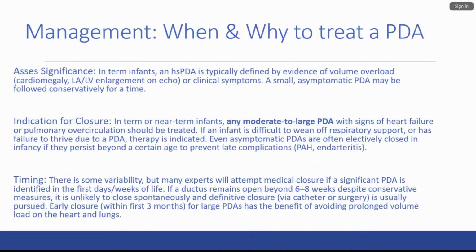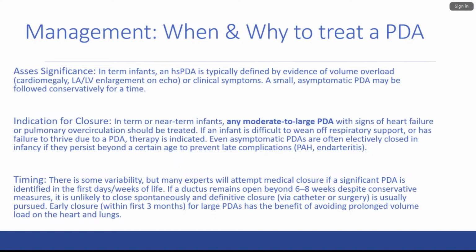So management: when and why to treat a PDA. We have to assess the significance of the PDA. In term infants, an HSPDA is typically defined by evidence of volume overload, and a small asymptomatic PDA may be followed conservatively for a long time.